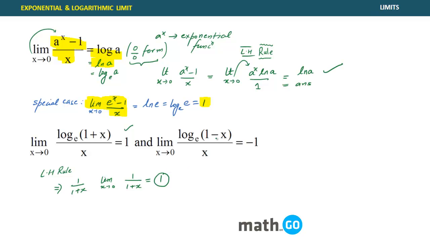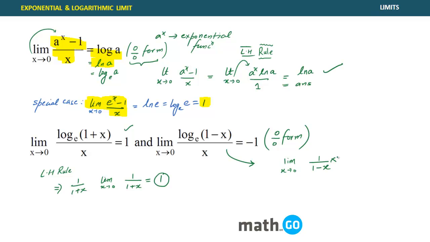And if there is a minus sign in between, then the answer will become minus 1. Why? Let's see. First of all, check whether both of them are 0 by 0 form. Yes, both of them are 0 by 0 form. And if we differentiate, the derivative of log of 1 minus x would be, tell me. Yes. Here we generally make a mistake. We do not apply the chain rule fully. So this is the derivative of log of 1 minus x.